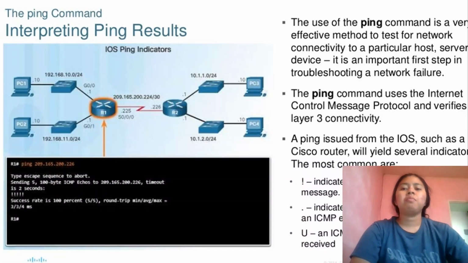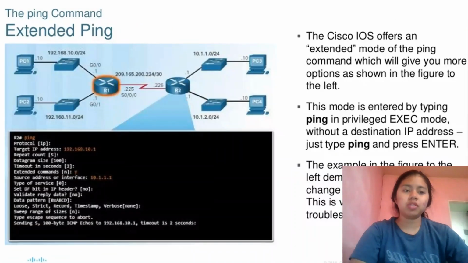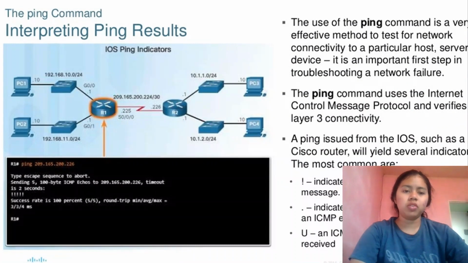Interpreting ping results. The use of the ping command is a very effective method to test for network connectivity to a particular host or server device. It is an important first step in troubleshooting a network failure.